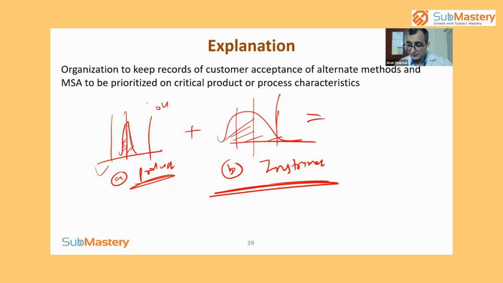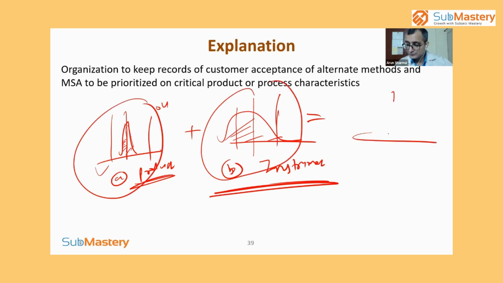So when you measure the product with some measuring equipment, you come out with the final decision, and that final decision will be an accumulation of the actual dimension of the product and whatever is measured by the instrument.